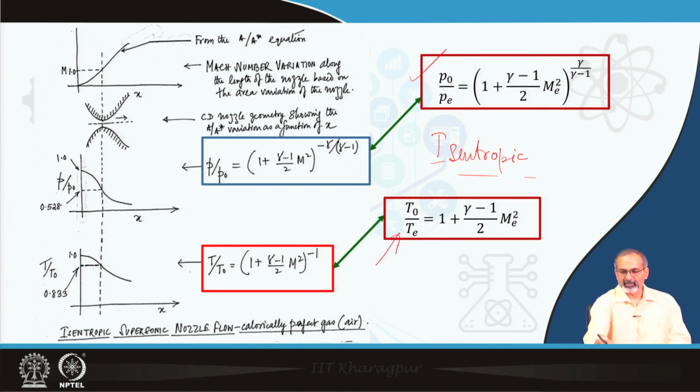Same is the case for temperature, and you can easily plug in these relations and find the functional variations like the way we plotted it here. Further, the A by A star can also be seen over here, and all these are basically recapitulations of isentropic supersonic nozzle flow that we have learnt in a previous lecture.